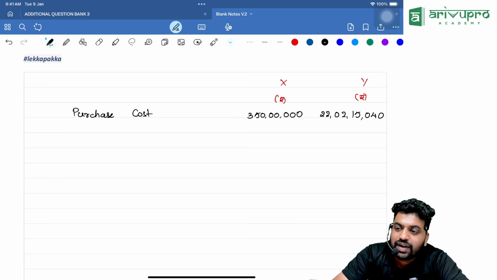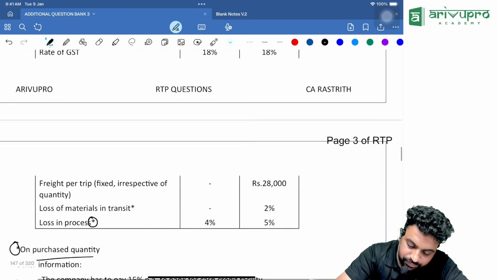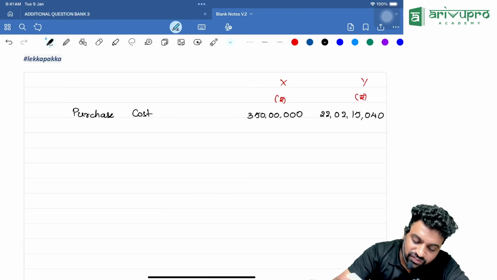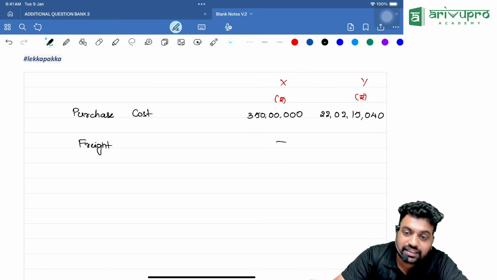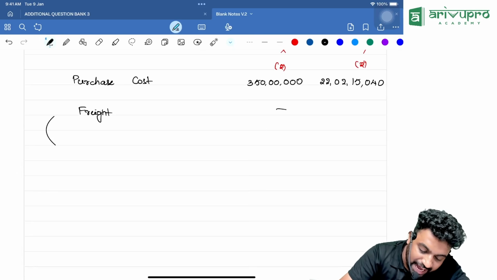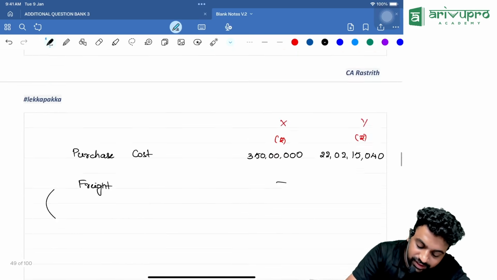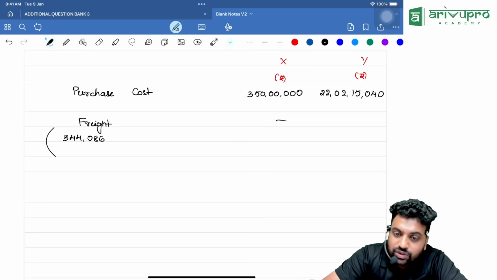GST is there, but ITC is available, so we can ignore GST. Done. Next, freight. For the first one, freight is nil. But for the second one, try to understand how much we have to carry: 3,44,086 kgs.